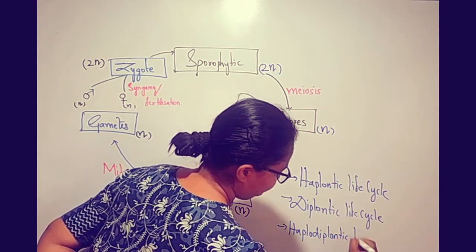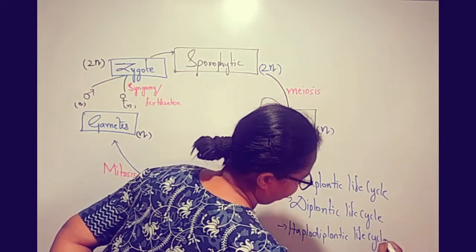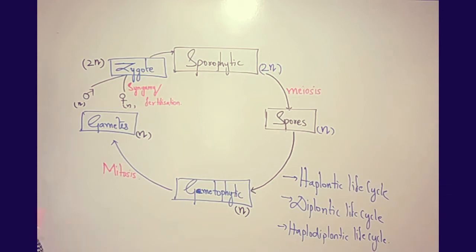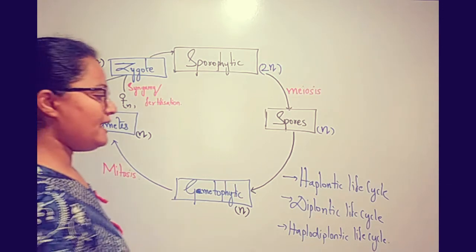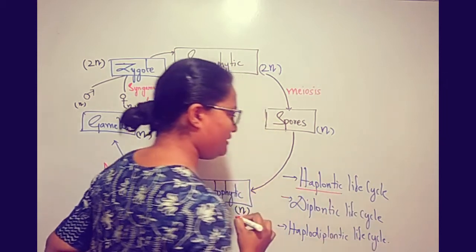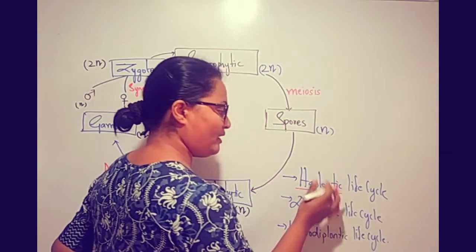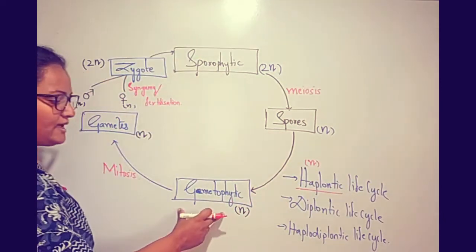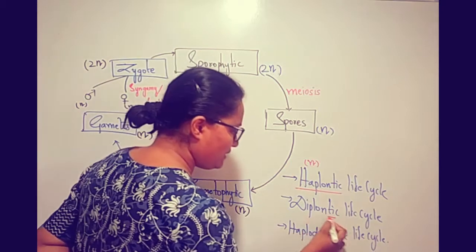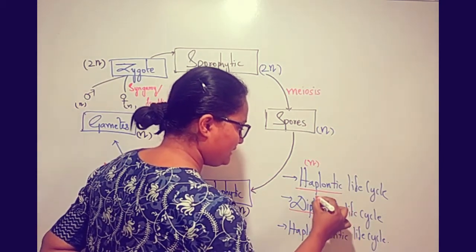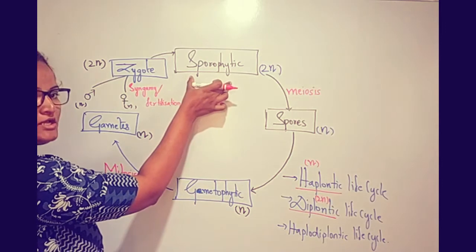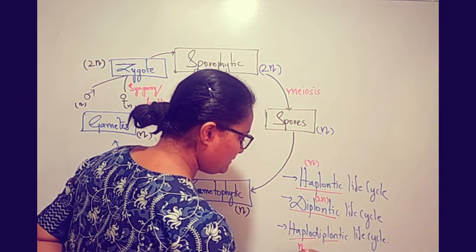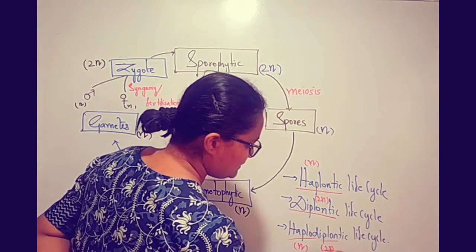Haplodiplontic life cycle. These are the three different life cycles where the plant shows alternation of generation. Haplontic: haploid means which stage? Gametophytic. Diplontic: diploid, which stage? Sporophytic. Haplodiplontic: both n as well as 2n.